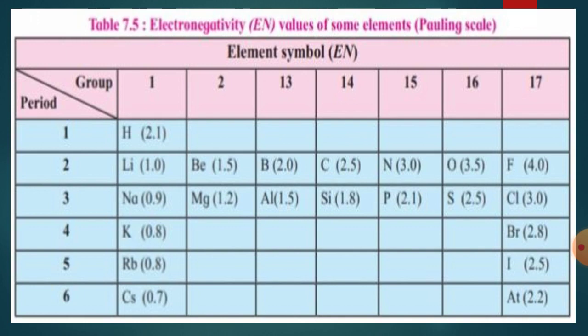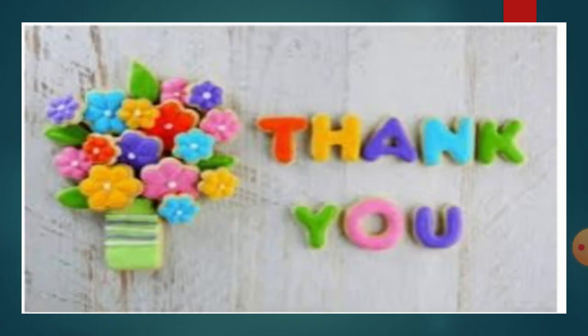So across the period electronegativity is increasing while down the group electronegativity is decreasing in the modern periodic table. Hence we have completed the physical properties of elements and their trends in the modern periodic table.